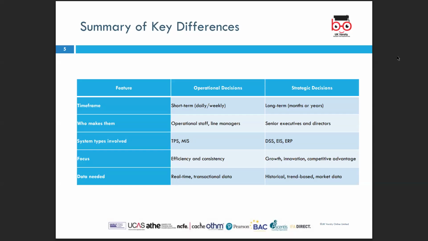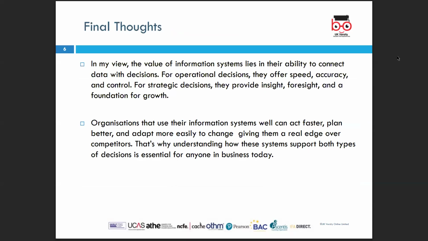With operational, we're looking into efficiency and consistency, while from a strategic point of view, we're looking into growth, innovation, and competitive advantages. The data that's collected and required for this decision: when it comes to operational, we're looking into real-time, transactional data, while with strategic, we're looking into historical, trend-based, and market data.